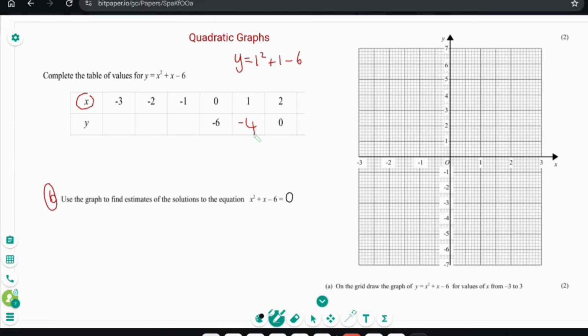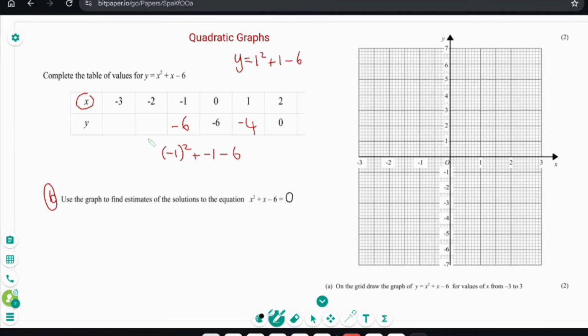Now you've got to be really careful with these negative values though. When you put these into your calculator, you need to put a bracket round the minus 1. Otherwise, it works it out incorrectly. So this is how you would type this in your calculator to find your y. Bracket minus 1 bracket squared plus negative 1 minus 6 gives us negative 6.